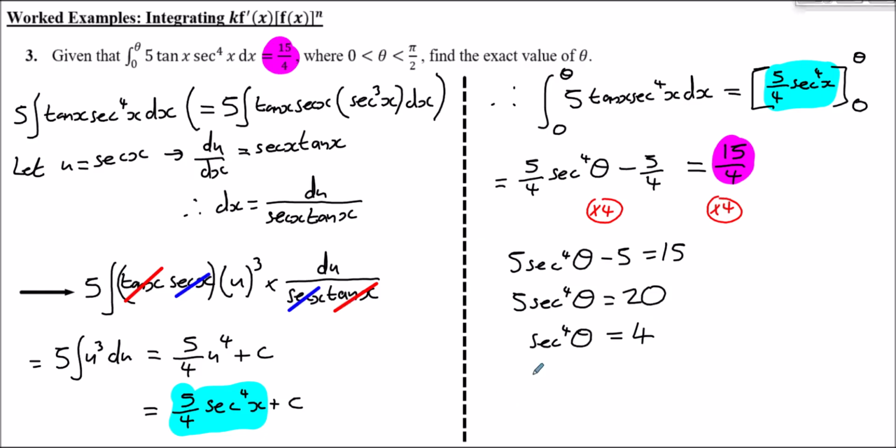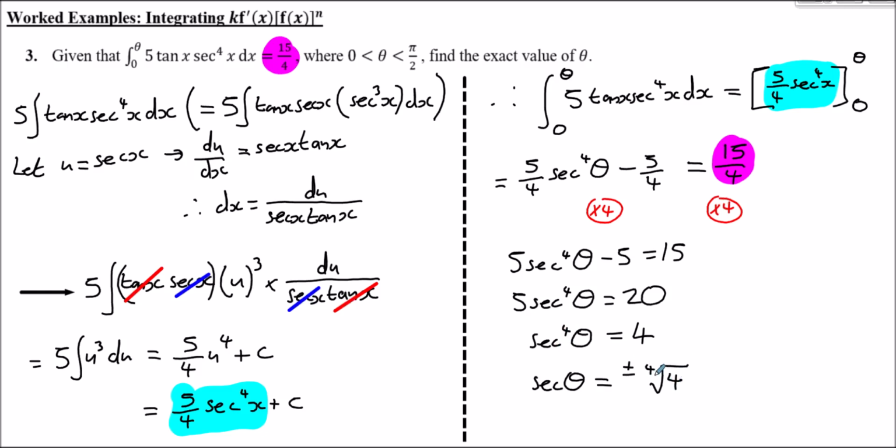Now, if I work out what sec theta is, because I'm taking an even root, so square root or fourth root or sixth root, I need to consider plus or minus the fourth root of 4.